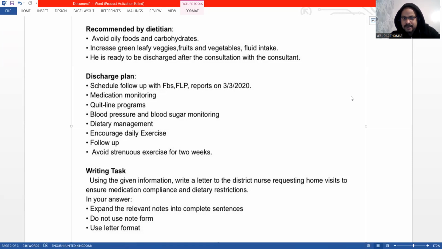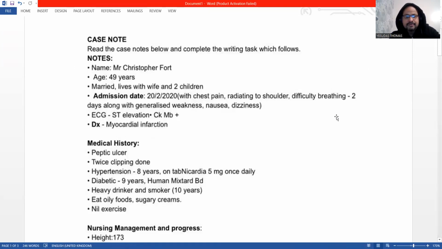So let us go ahead and see the case of Christopher Ford. Here you can see Christopher Ford is a 49-year-old man who lives with his wife and two children.